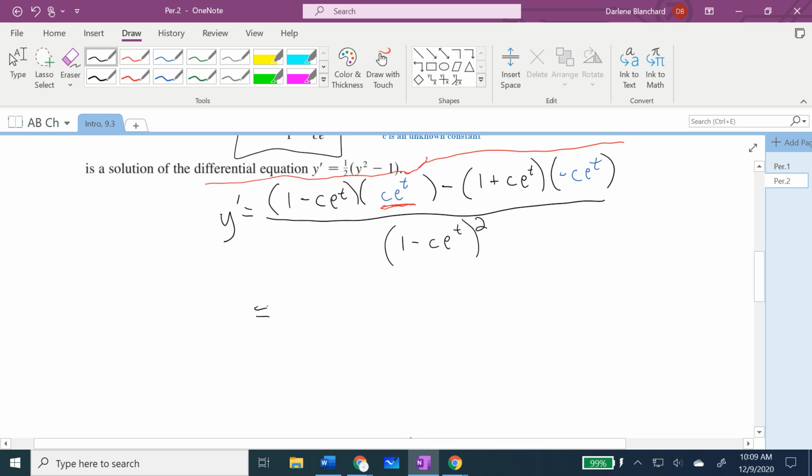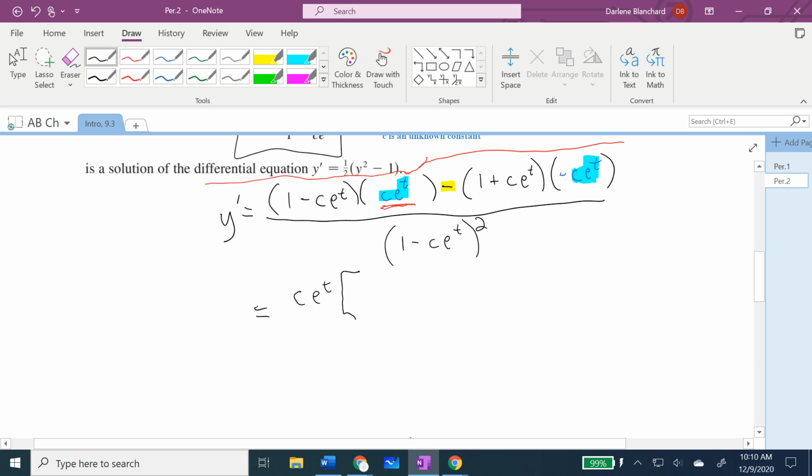So I'm trying to first see if I can factor over that negative sign or that subtraction sign. Do you see some common factors? C times e to the t shows up on both sides of the subtraction.